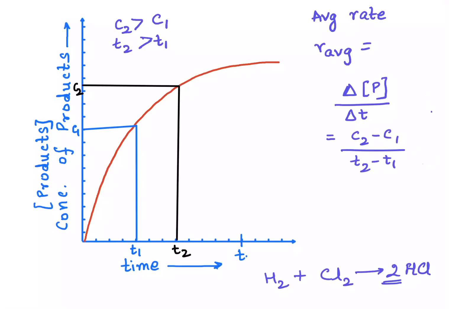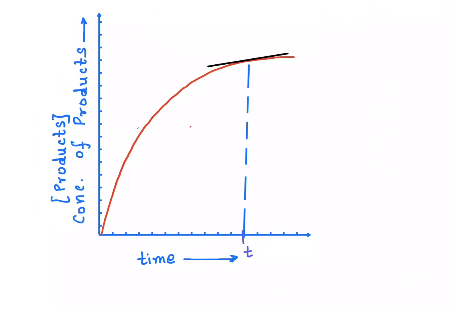Now what about the instantaneous rate based on this graph? So find out the instantaneous rate of the reaction at time t, let's suppose. Go ahead. So again, what do we do? At time t, we will first determine the point at which this time t cuts the graph. Then draw a tangent at this point. And lastly, complete the triangle.